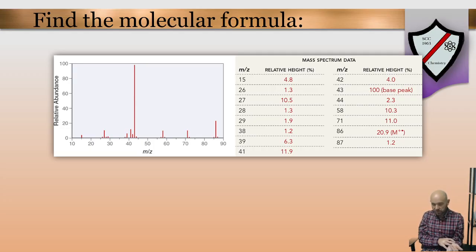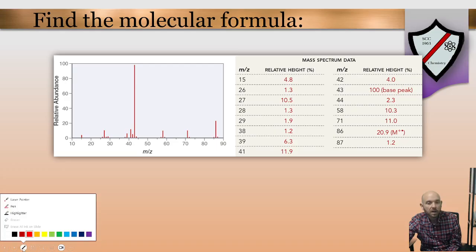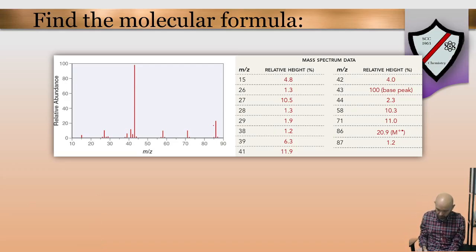So we see that we have a molecule that has a molecular ion with a weight of 86 atomic mass units, because we're given this mass spectrum and somebody has nicely labeled each peak and given the numerical abundance for each. So hopefully we can identify the molecular ion as the ion with the tallest peak in the grouping with the largest mass.